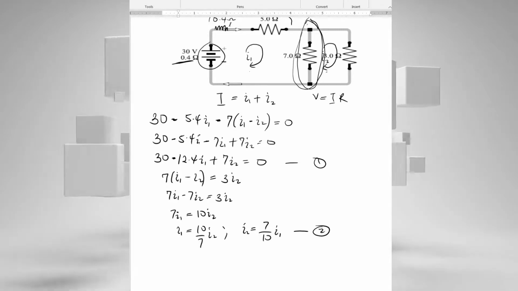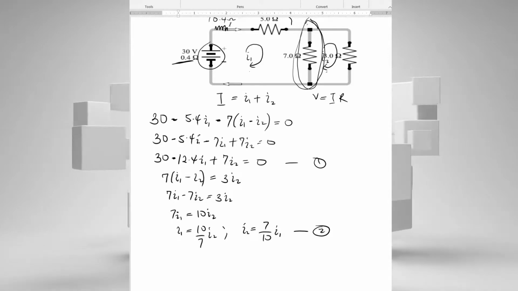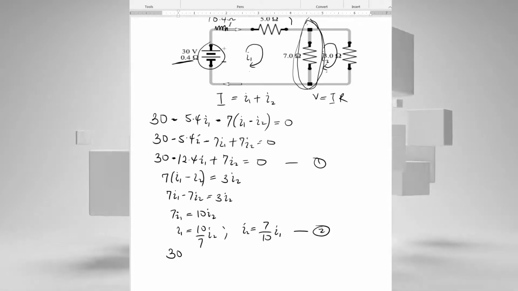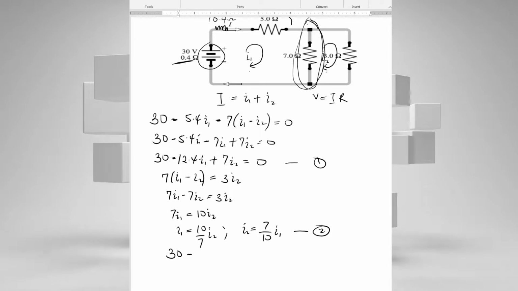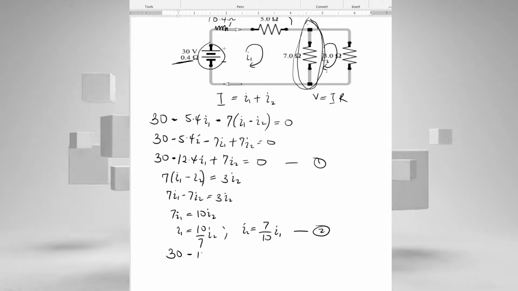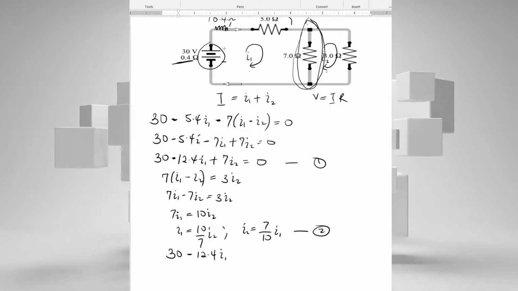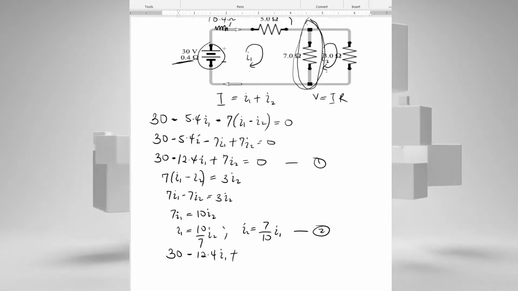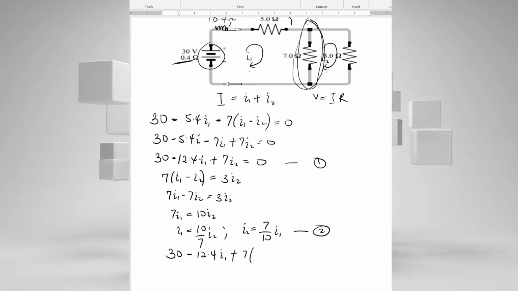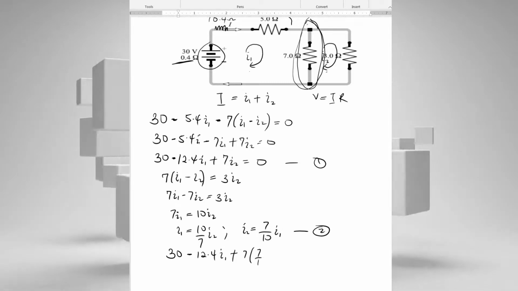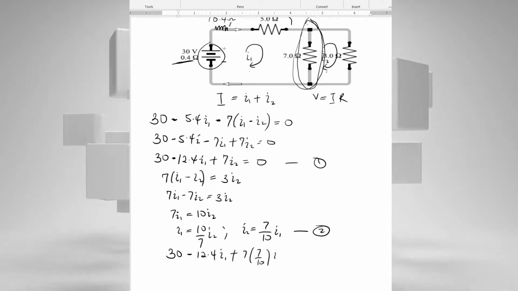To do that, we have equation 1: 30 minus 12.4 I1 plus 7 into bracket 7 over 10 I1.